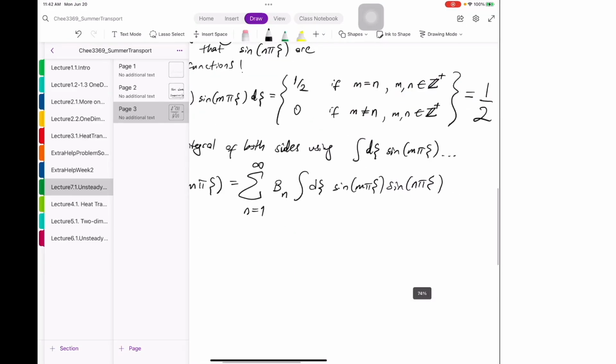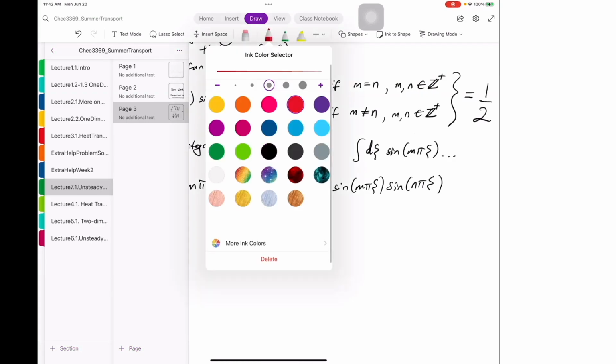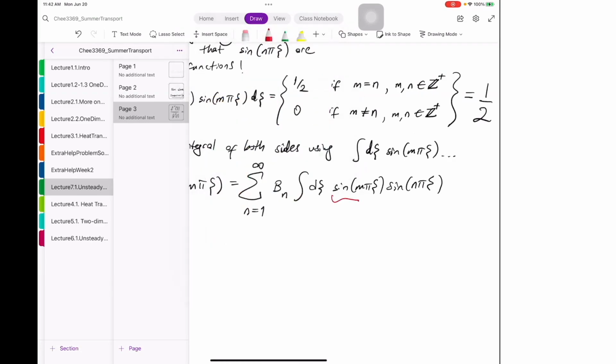Okay, and we know that this thing from the orthogonality relation is equal to 1/2 the Kronecker delta mn, meaning that 1/2 if m and n are equal to each other, and 0 if m and n are different.